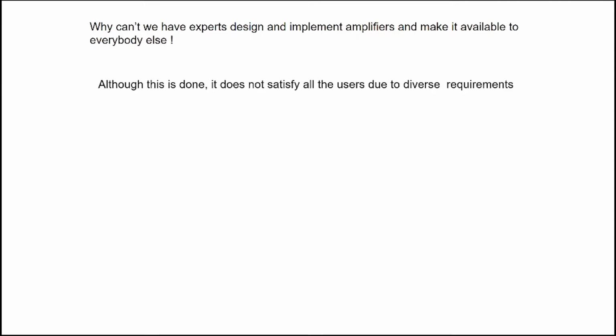So what this is trying to illustrate is that there are two ways in which design can be done. One is a general purpose standard design, which you can go and pick up from the market and use for your application. It is a general purpose standard design, and therefore that particular design may have a fixed gain of, let's say, 100 or 200, and a fixed input resistance, frequency response, and things like that.